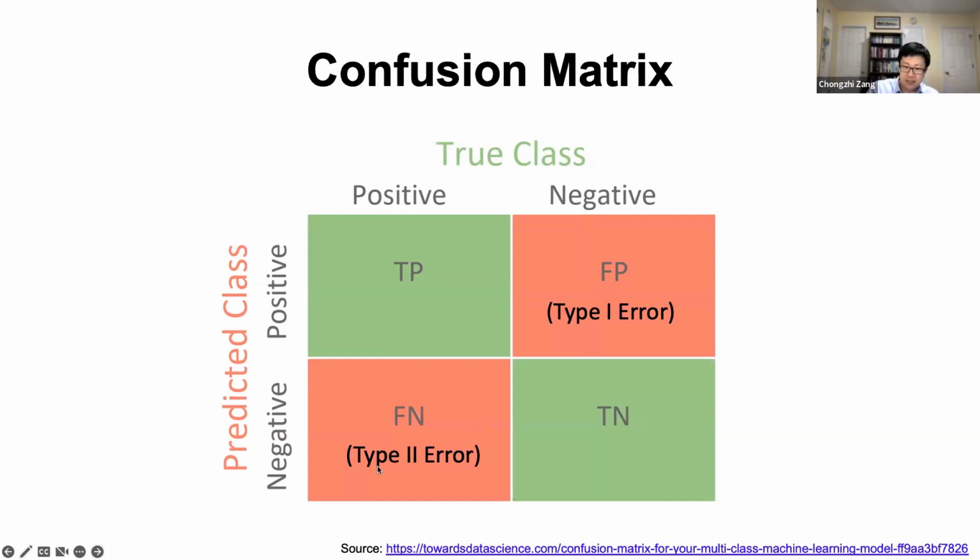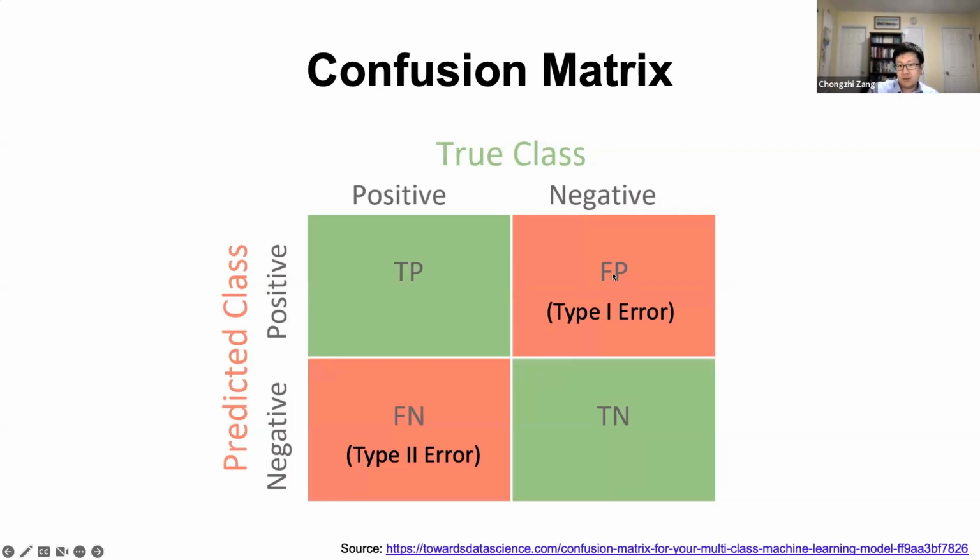There are tons of examples. I'd say the easiest example is disease diagnosis, right? Whether a person has the disease or not, versus some diagnosis test, whether we can correctly predict disease or not.